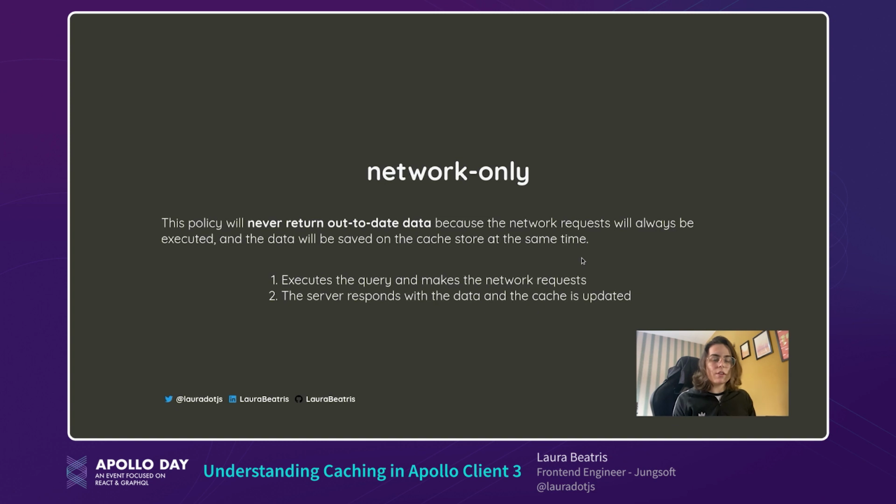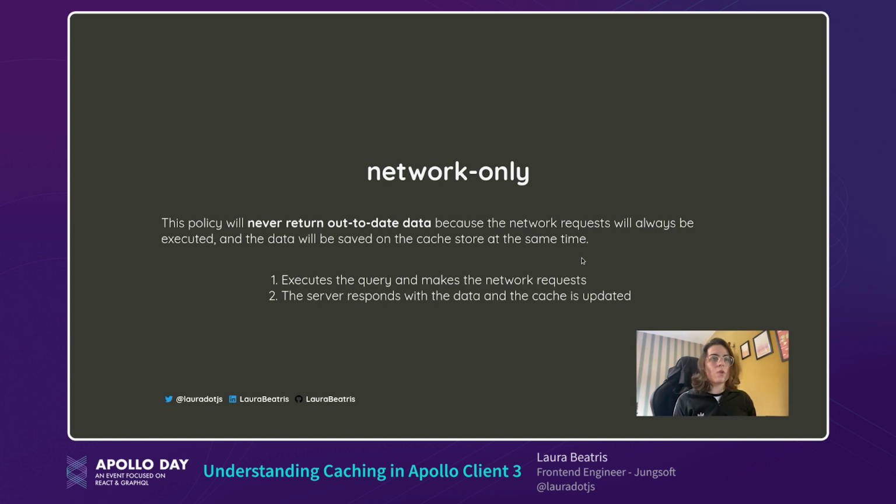So the key point here also is that it doesn't return the cache data, but it saves the data of the response on the cache, because maybe you aren't going to use the cache data on a specific query, but let's say that you create another query and you want to grab the cache data instead. You want to use one fetch policy here, another fetch policy which grabs the data from the cache. So it makes the network request anyway, but this fetch policy also saves the data on the cache, even if it doesn't use it at all.